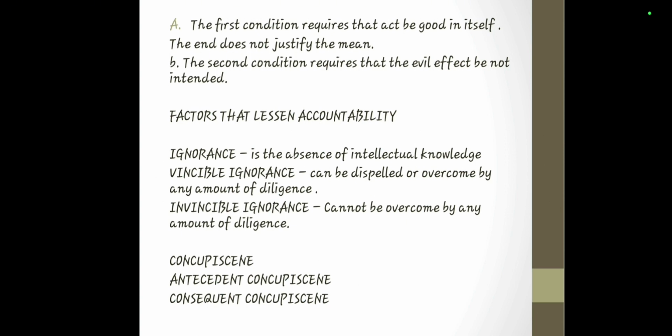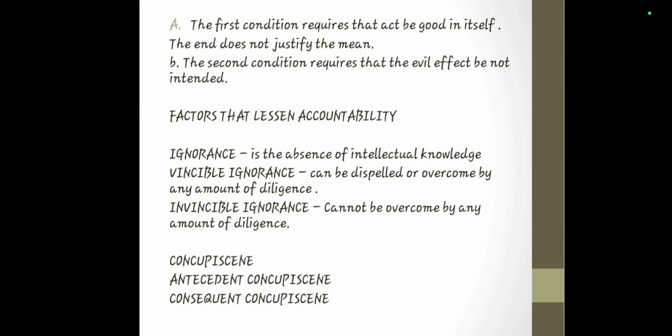While invincible ignorance cannot be overcome by any amount of diligence or effort, because under the circumstances it is impossible for one to know. What does it mean? When we say invincible ignorance, the individual or the agent is excused or relieved of responsibility.